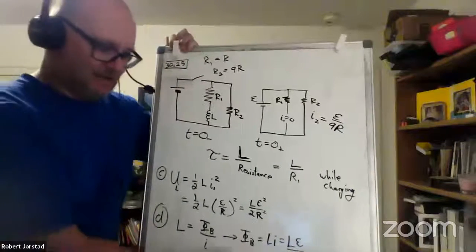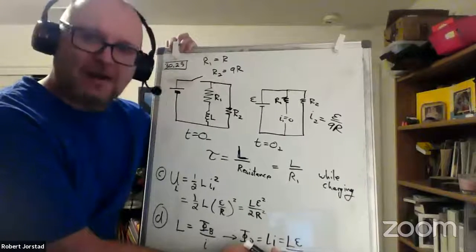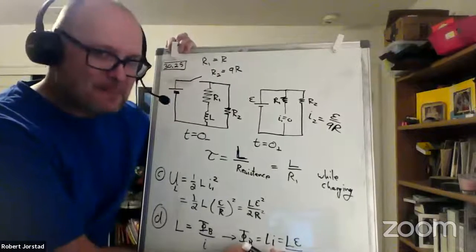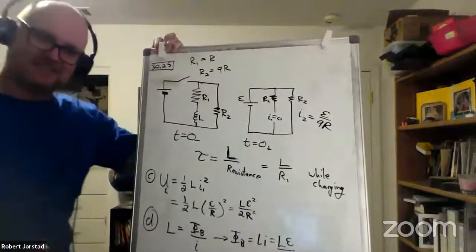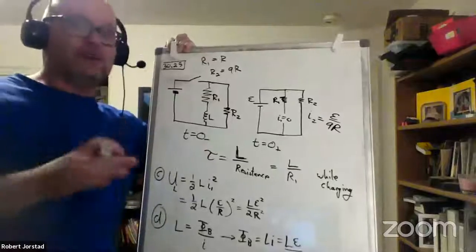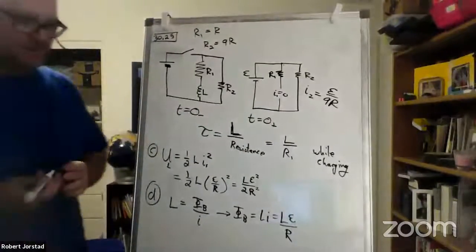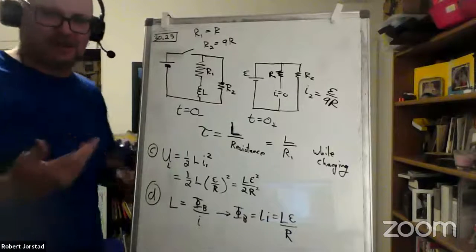This clearly has units of Tesla meter squared. Magnetic flux is B times area, Tesla times meter squared. There are some funky units that show up.